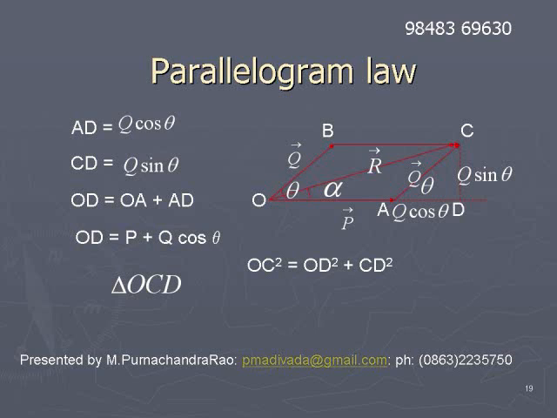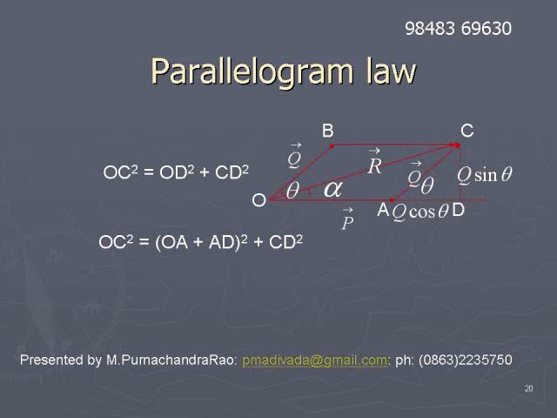Now, let us take the right angle triangle OCD. In this right angle triangle, OC square is equal to OD square plus CD square. But OD is OA plus AD. Hence, OC square is equal to OA plus AD whole square plus CD square.